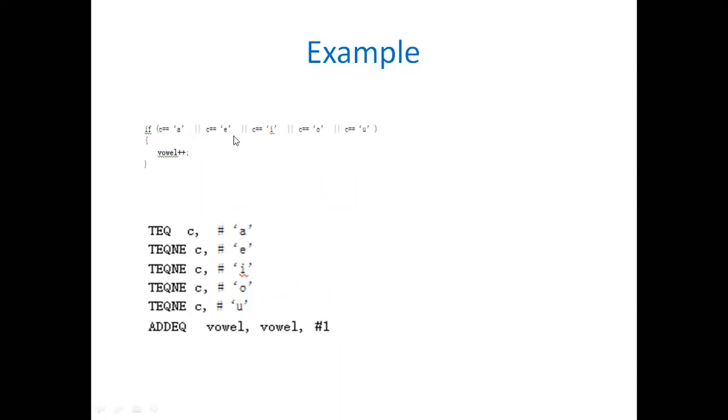If C is equal to A or E or I or O or U, you are incrementing the counter, advancing it by 1.